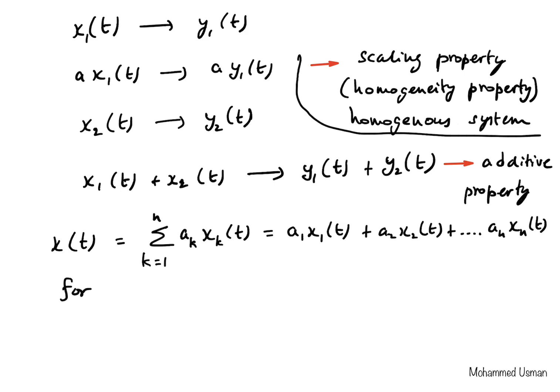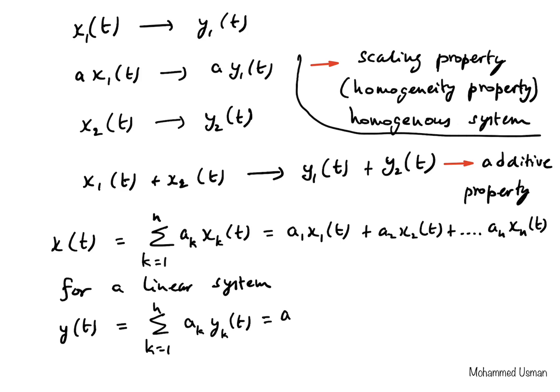Then for a linear system, the corresponding y of t will be the summation of ak yk of t for k equal to 1 to n, which will basically be a1 y1 of t plus a2 y2 of t and so on up to an yn of t.